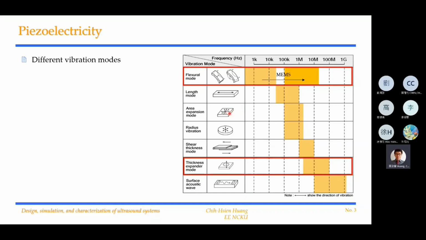They move toward the shorter end, which means the edge has less dimension and it won't generate a lot of acoustic pressure. So those modes are usually not used for acoustic MEMS devices.